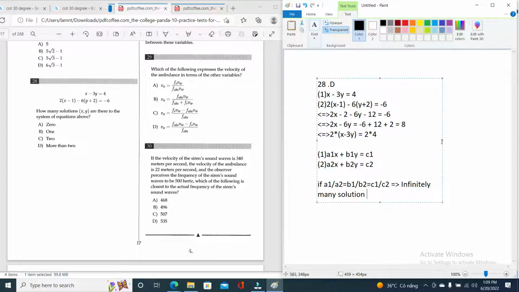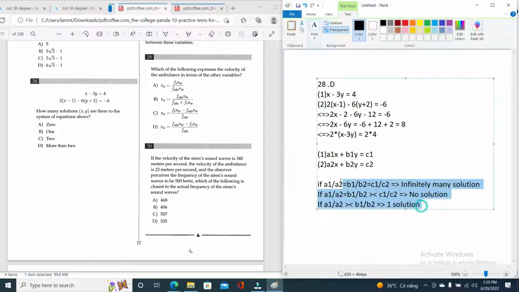Alright. But if A1 over A2 equals B1 over B2, and this is different from C1 over C2, then this system of equations has no solution at all. No solution. And in the case the first equality is not satisfied, then usually this system has one solution, unless there are some extreme cases.